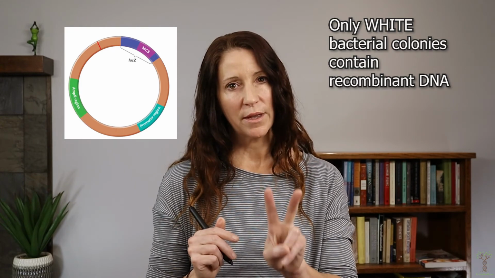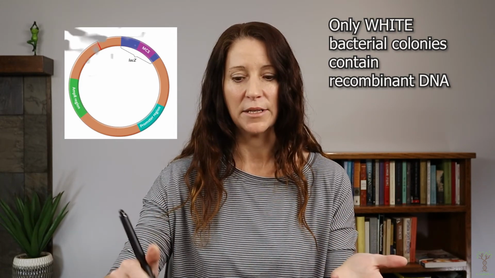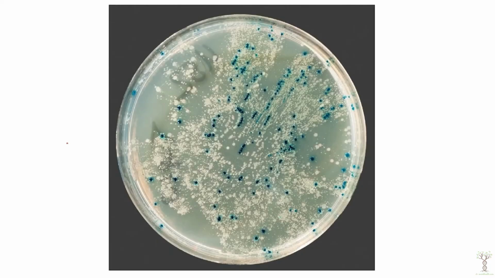So that is our second selectable marker, and we can end up with a plate of bacteria where we have all kinds of colonies of bacteria. Some of them are blue and some of them are white. So on this plate of antibiotics, let's say we put ampicillin on this plate of agar, which is just a jelly kind of substance that bacteria like to grow on.